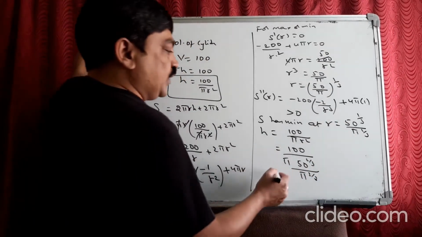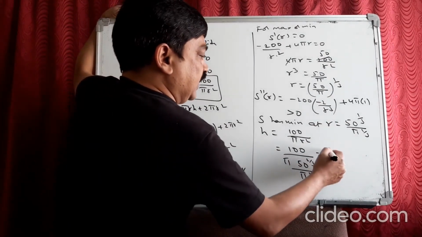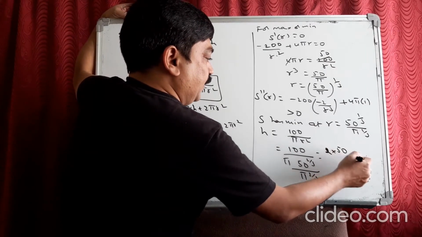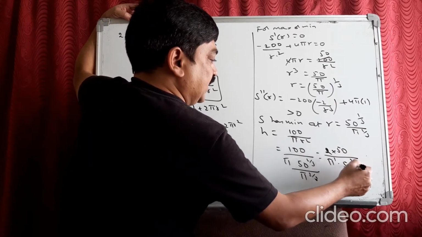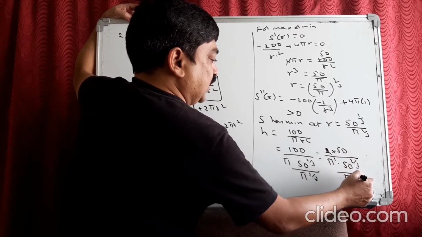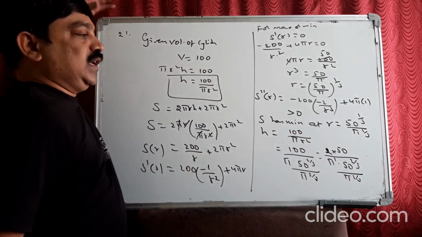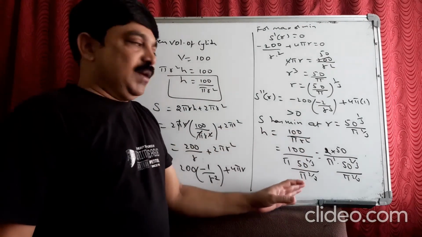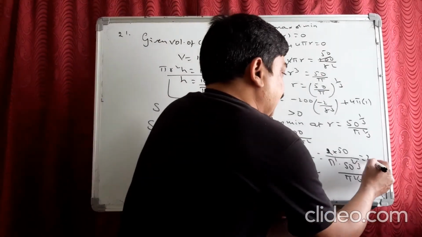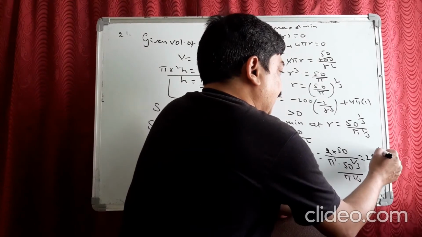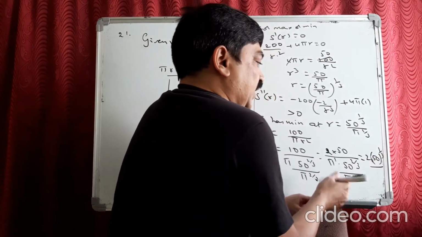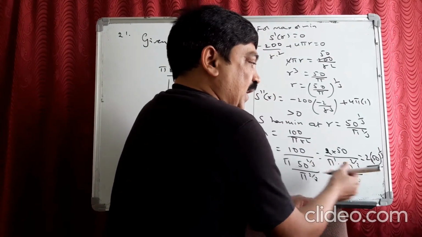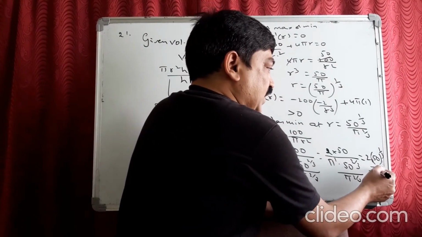Now I convert it like 2 into 50 by pi power 1, 50 power 2 by 3 by pi power 2 by 3. Now when I look at the 50s, it looks like a power m by a power n, which is a power m minus n. It becomes 2 into 50 power 1 by 3. The same way the denominator: pi power 1 by pi power 2 by 3, a power m by a power n, so pi power also 1 minus 2 by 3.